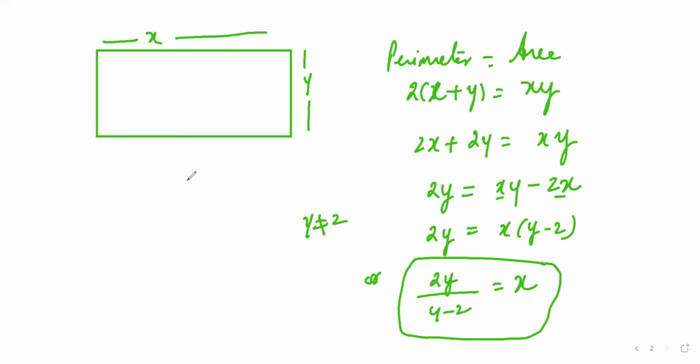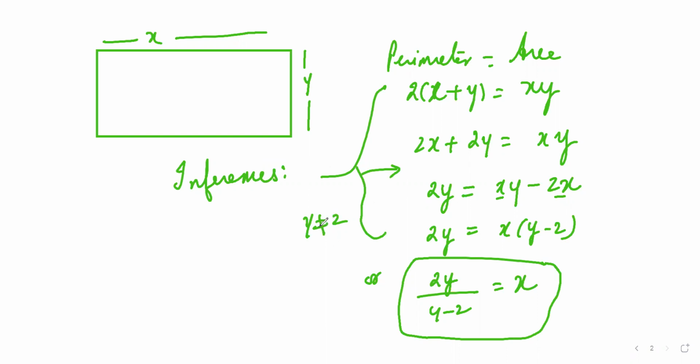So we can come across certain inferences, conclusions, I would say. First, perimeter is equal to area, therefore we arrive at this equation. These are all my inferences.